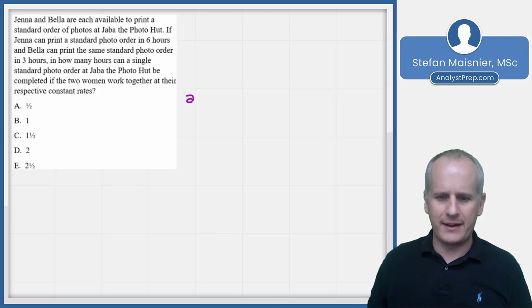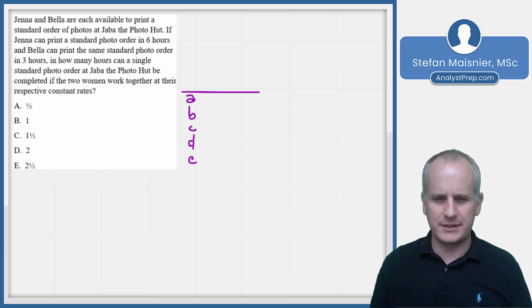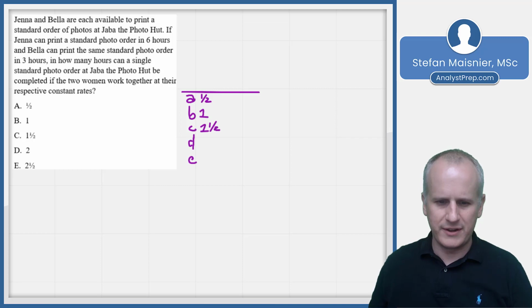So here we have a sample word problem solving question that you might see on the quantitative section of the executive assessment. And we've got simple numbers, so we're just going to write those out, and we'll make that a little bit bigger. But we've got 1/2, we've got 1, we've got 1.5. We've got 2, and we've got 2.5.